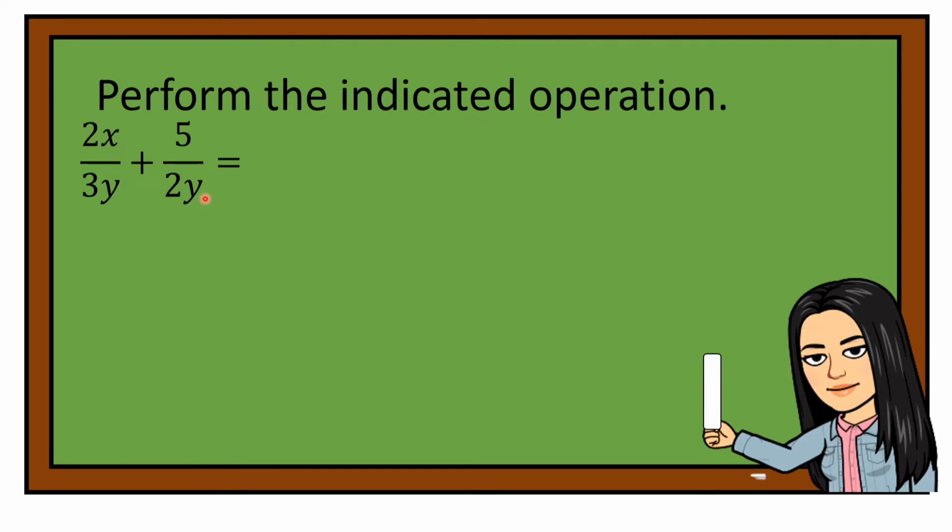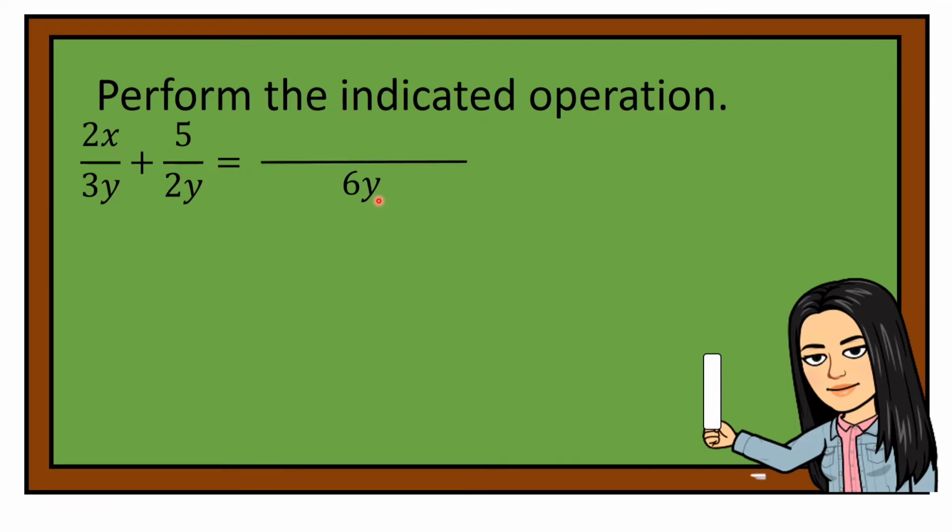First, we have to find the LCD, or the least common denominator. Our LCD here is 6y. So how did we get 6y? Since the common multiple of 3 and 2 is 6, we write 6 and then get also the variable. So we have here 6y.